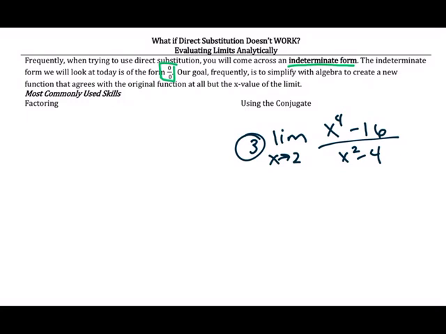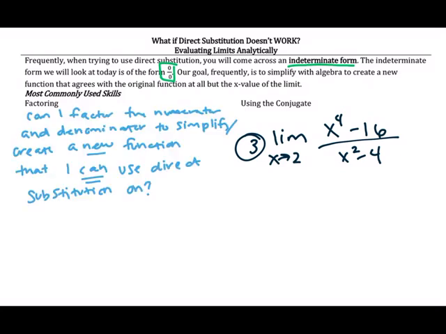So what you need to think about when you have a problem that's giving you indeterminate form, first is, can I factor what is here to simplify the limit by creating a new function, which is actually exactly the same as the old function, except at one particular point. But that new function would then have a limit if we use direct substitution.